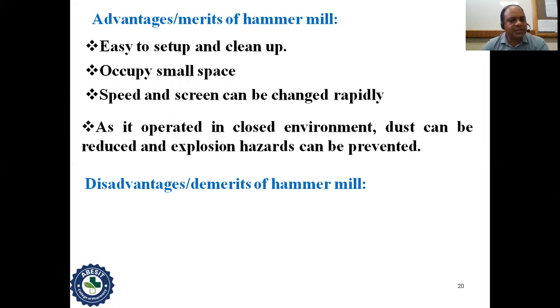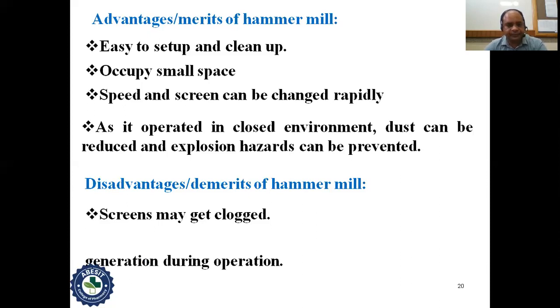Now, the disadvantages or demerits of hammer mill. Screen may get clogged. Sometimes if we use an ointment-like material for size reduction, this sticky material can clog the screen, due to which the process will be hindered.